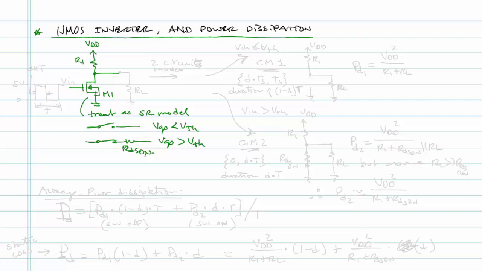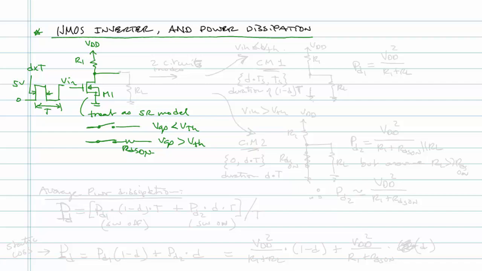But we're going to drive this thing with a square wave. So we'll say Vn here is a square wave going from 0 to 5 volts, and it has a period of capital T, and a pulse width of D times capital T, where D is the duty cycle.